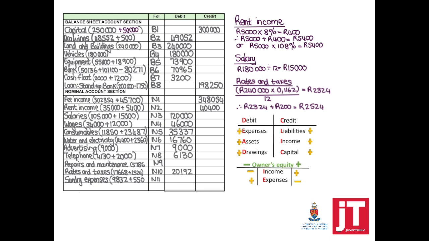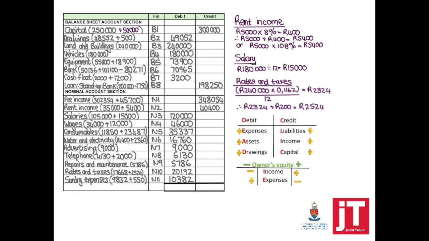Repairs and maintenance, there were no changes, so we just close the brackets. We've already done the rates and taxes. Sundry expenses, close the brackets. My new total, 10,382. Now, the final step to see whether we've done all of this correctly.